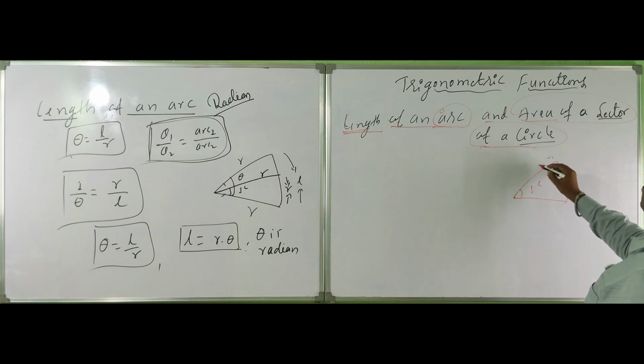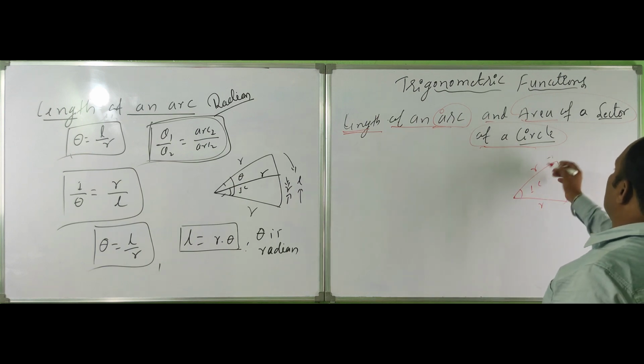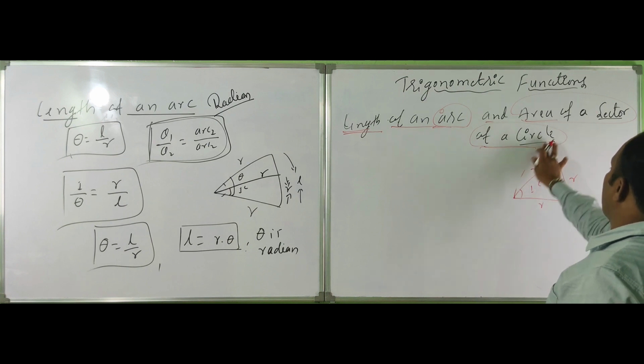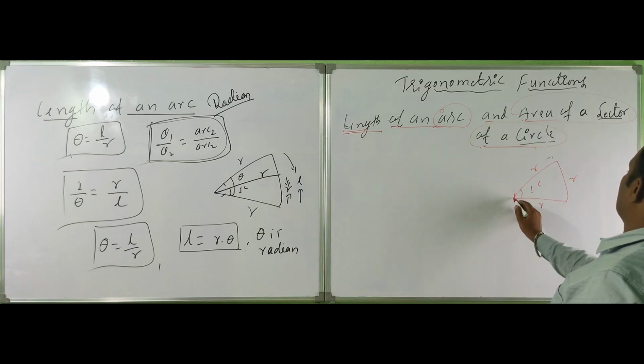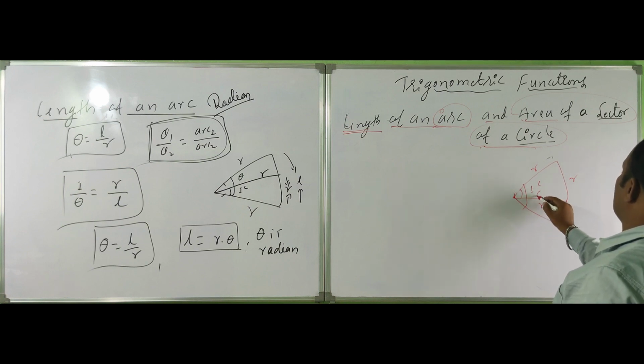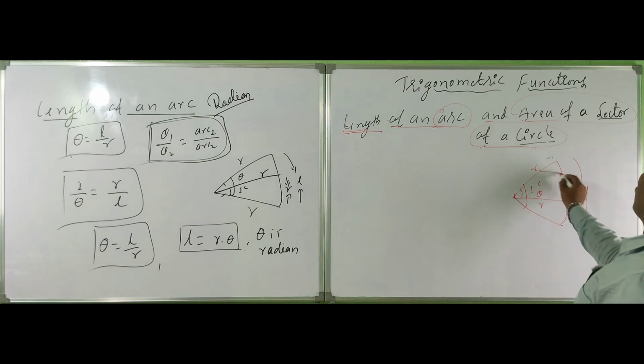This is R, this is R, this is R. Let's take this one: this becomes theta, and this becomes L. We want this whole area.